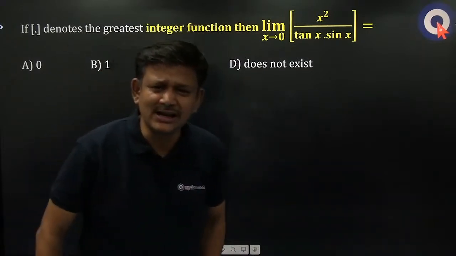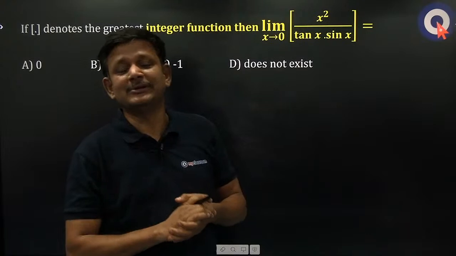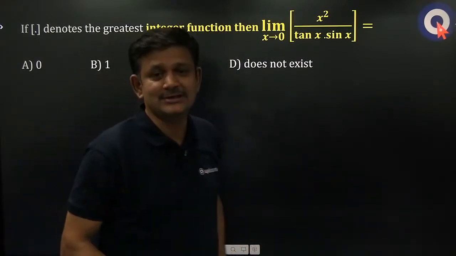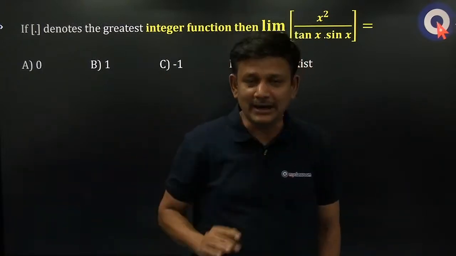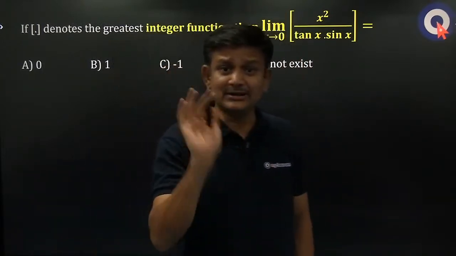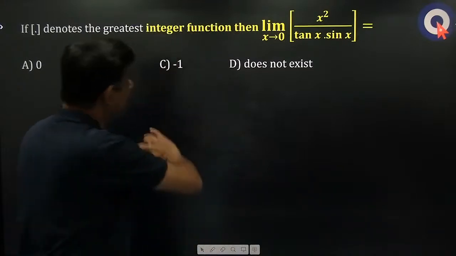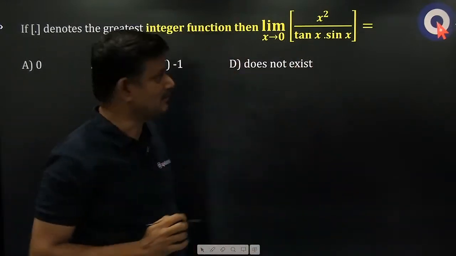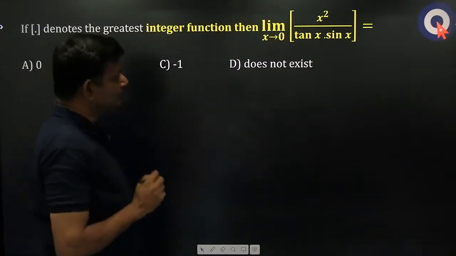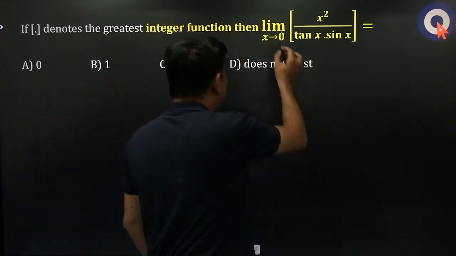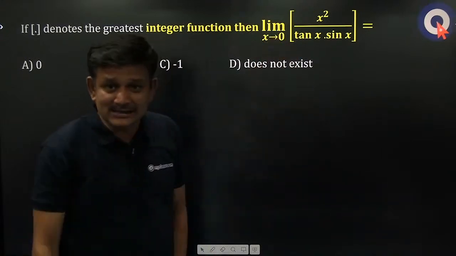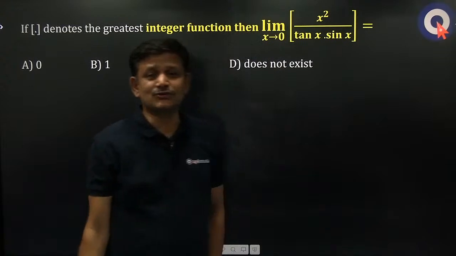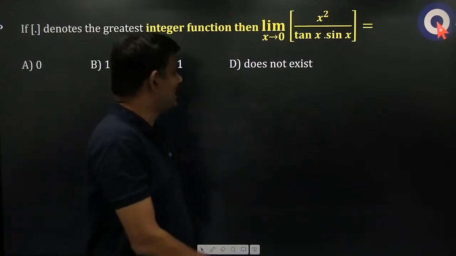Through this question, let us understand the paper setter's mind, how a particular question can be approached, and irrespective of the way, how to arrive at the final solution. So let us look in detail at all the possible solutions for this question. You have to evaluate the limit as x tends to 0 of the integral part of x square by sin x into tan x.